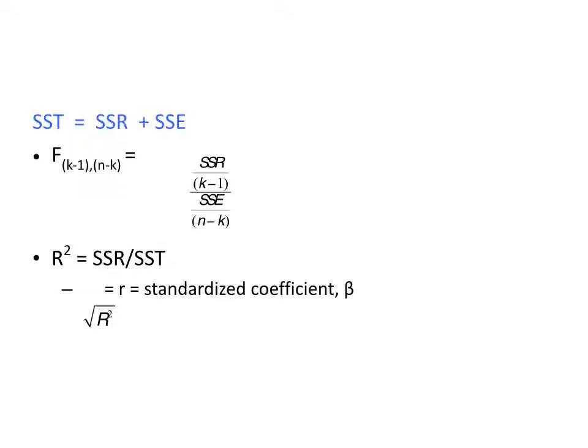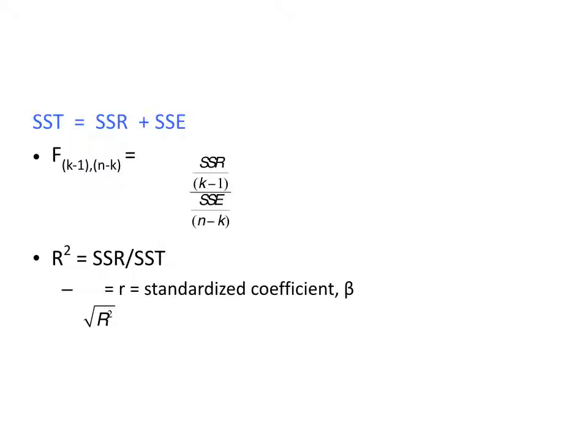The sum of squares of regression is the explained variance, and the sum of squares total is the total variance. So as that approaches 100%, r squared goes up to 1.0. So an r squared of 1.0 would mean you have perfect explanation, that the regression line explains all of the variance, and of course that would be a scatter plot with all the points perfectly lined up on one linear line.